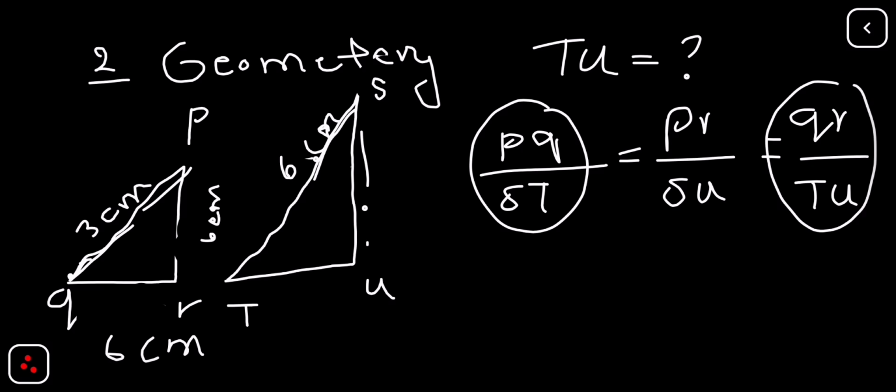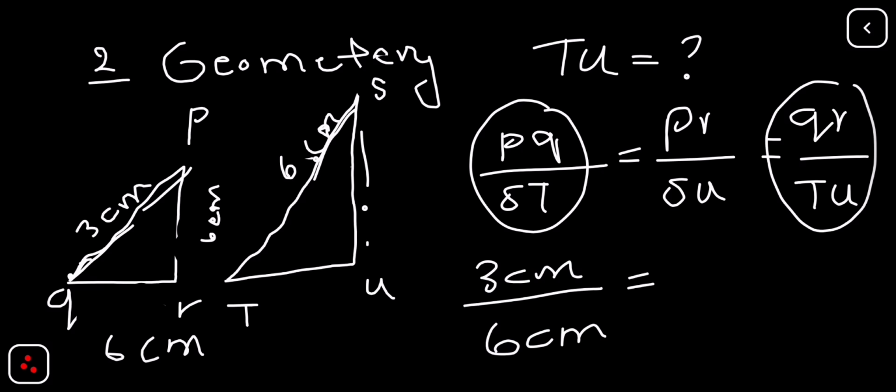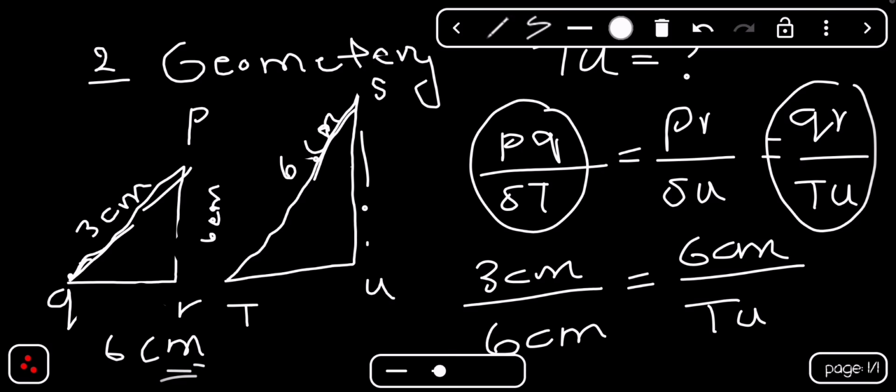So we just write PQ. What's the value for PQ? We have 3 centimeter divided by ST, which is 6 centimeter, and it's equal to QR, this one, 6 centimeter, divided by TU. So we don't have the TU. Just give me 1 minute.